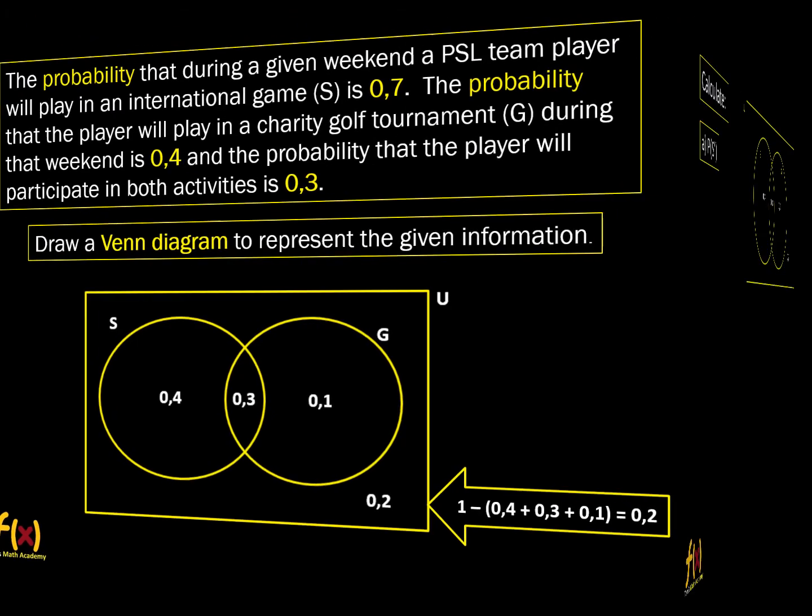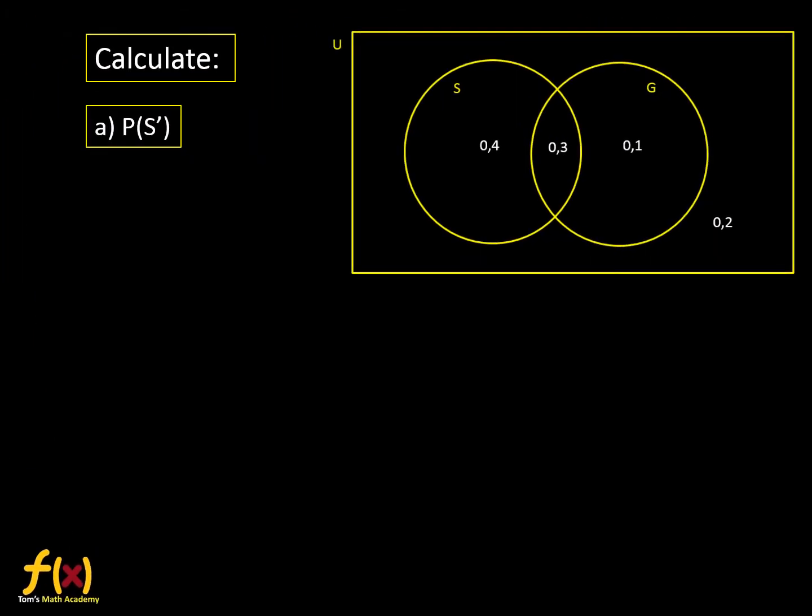Using the same diagram, the question is probability of S dash. S dash means not in S. What we learned now: complement of S is 1 minus probability of S. Probability of S is available in the question. 1 minus 0,7, we get 0,3.